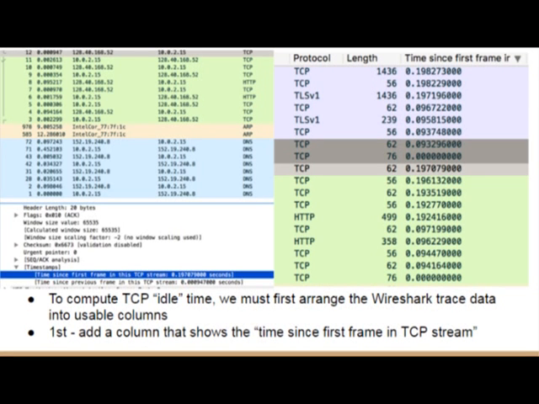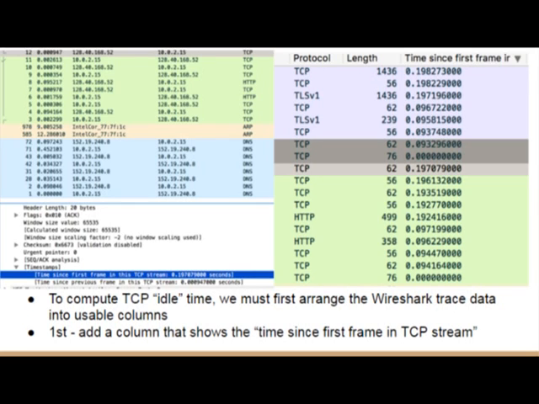To begin my TCP analysis, I had to manipulate the Wireshark trace information in order to extract times and values that would help me calculate the TCP idle time for each connection that our file retrieval process made. Firstly, under each TCP segment, there is a data field called time since first frame in this TCP stream.